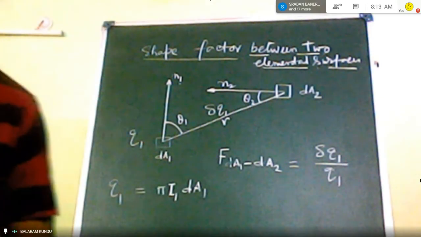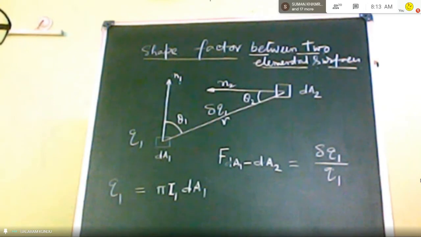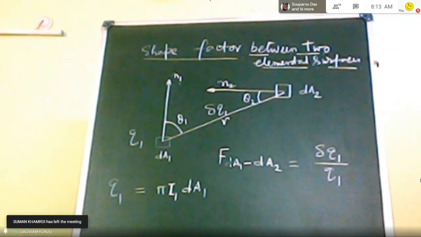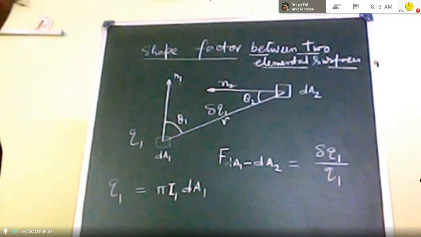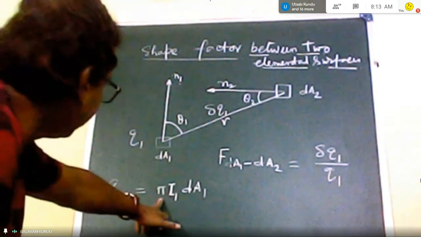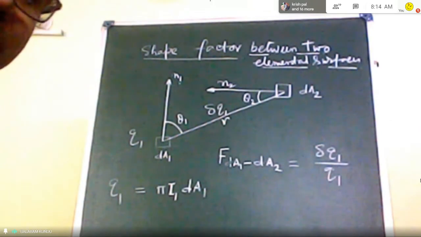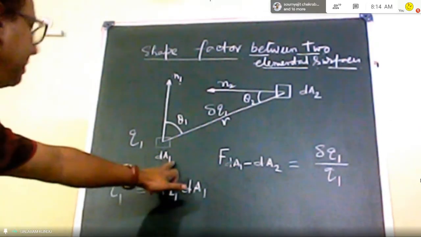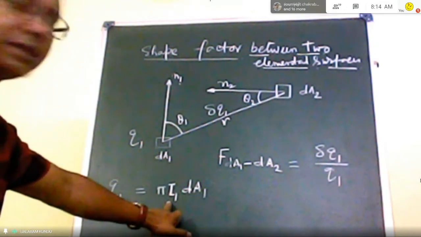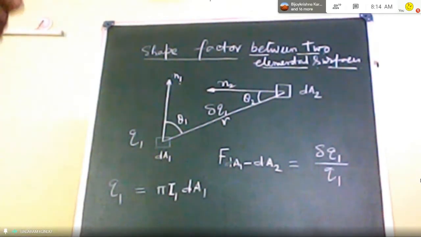In the previous class, we derived one expression, that is spectral blackbody radiation emissive power, denoted by E_b lambda T, that is equal to pi into I_b lambda T. Similarly here, the pi term has come from that derivation, and I1 is the intensity of radiation leaving the surface dA1, and dA1 is the area of the surface.